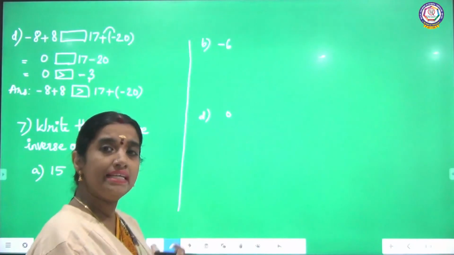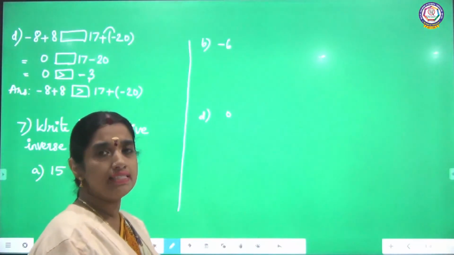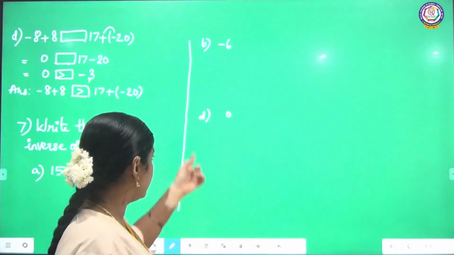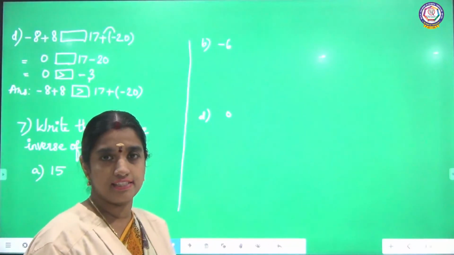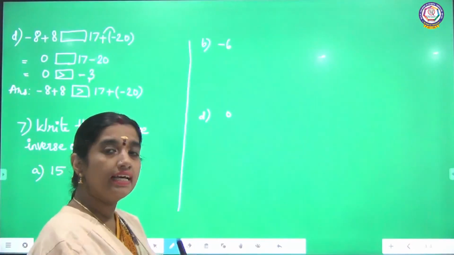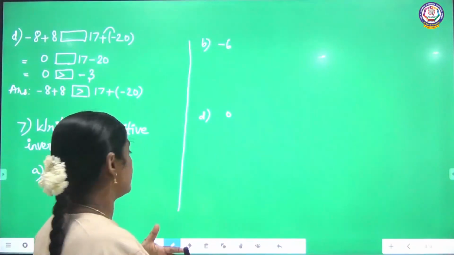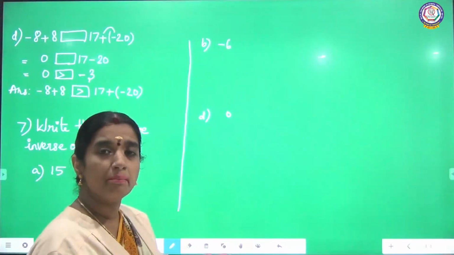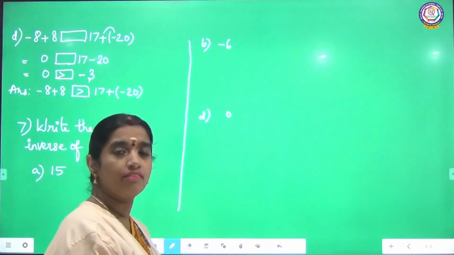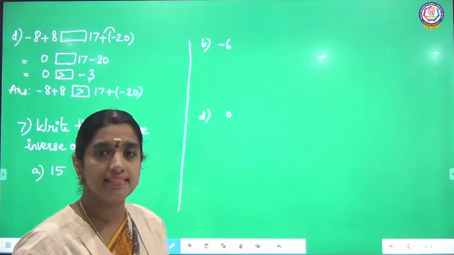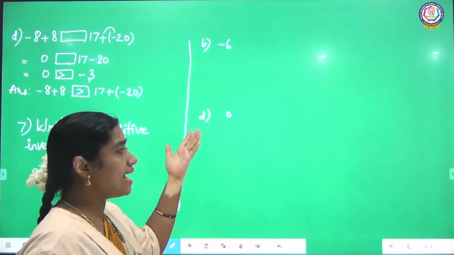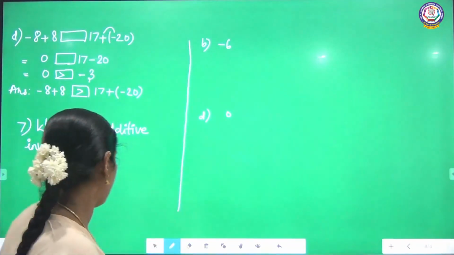So plus means minus, minus means plus, but 0 stays as 0. Additive inverse means you have to invert, that is plus means minus, minus means plus when you write the answer. So 0 you have to write as it is, 0.